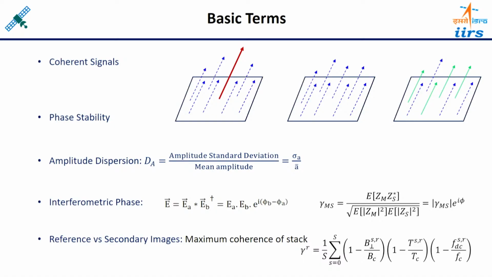So those resolution cells are basically called the noisy pixels. So in the multi-temporal InSAR techniques, we will only consider either persistent scatterers or the distributed scatterers. We are not going to consider those noisy pixels at all.